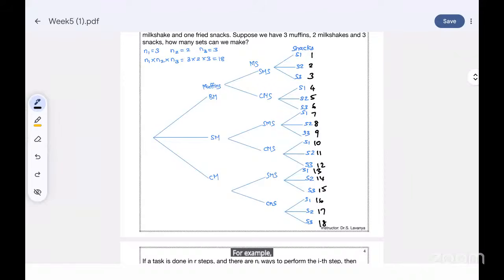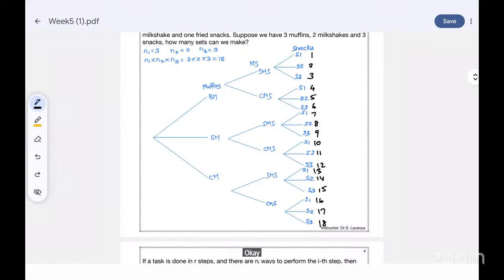For example, can you tell what is the 14th choice here? What is the 14th choice you see? Milk muffin, a strawberry milkshake, and snack food. Yeah. Okay. So this is how you see the specific combination.